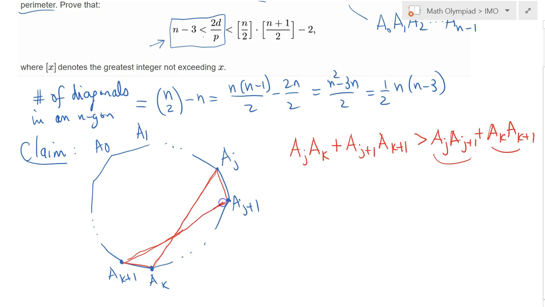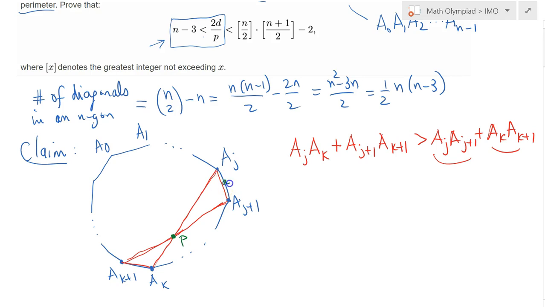The proof uses the triangle inequality. Let's call this intersection point P, or we can directly establish some length relationships, which I think will make our life easier.